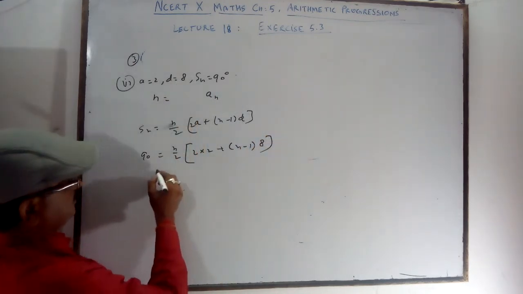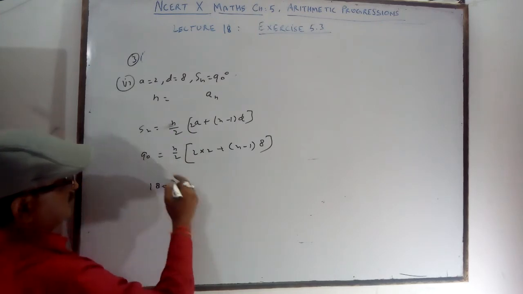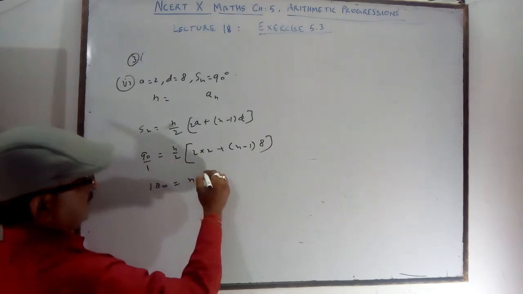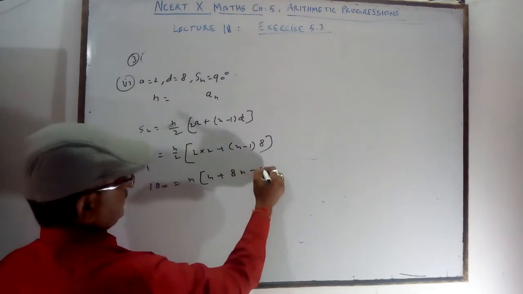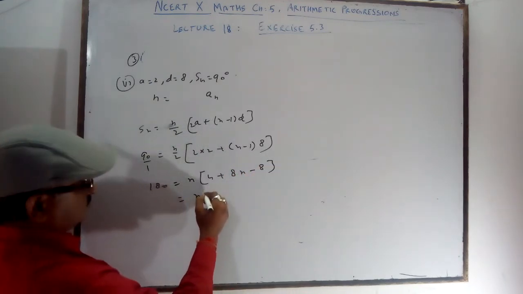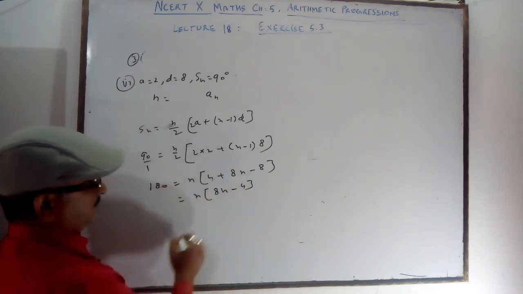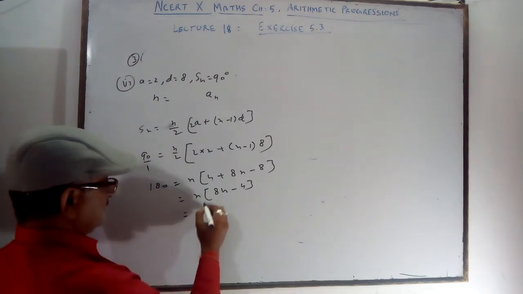D is given. So 90, 9 to the 18, 180. 180 is equal to N in bracket 4 plus 8N minus 8. So N 4, 8N minus 4.